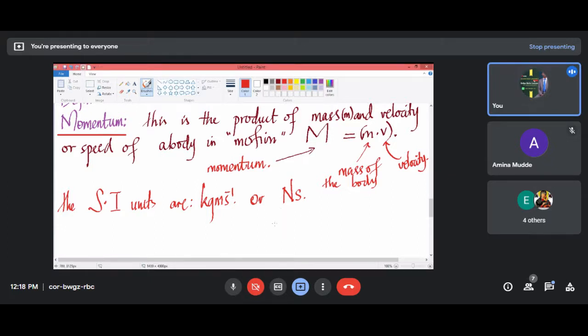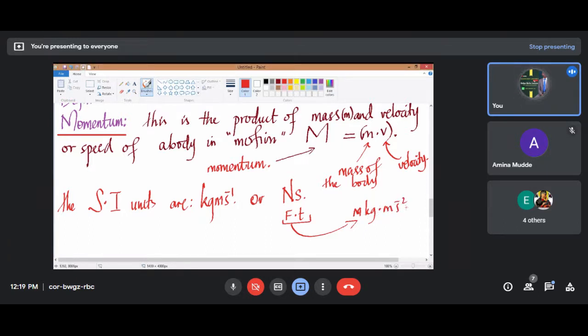That is if someone takes this to be a force, then you can multiply simply by time. Force times time also remains as momentum. Having taken force to be in newtons, which is mass times acceleration, mass is in kilograms and acceleration is in meters per second squared.